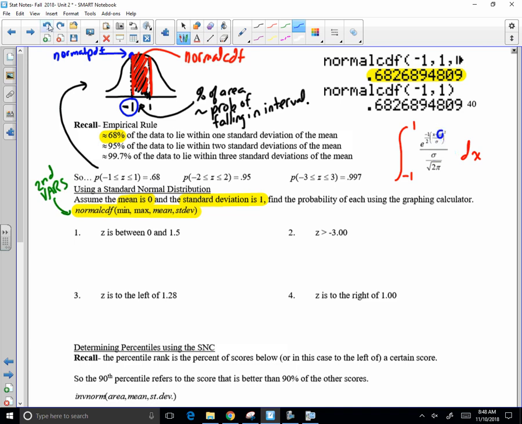Backwards, it was going to be undefined that way. 0 and 1. And so if you actually run those numbers, you should get these same results.